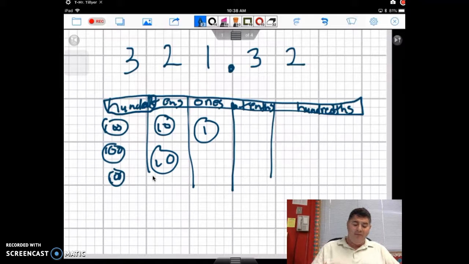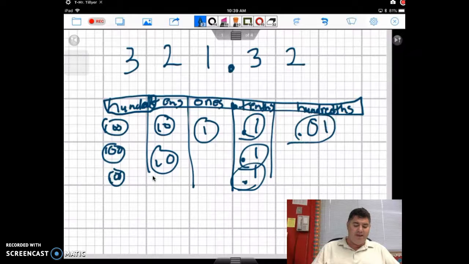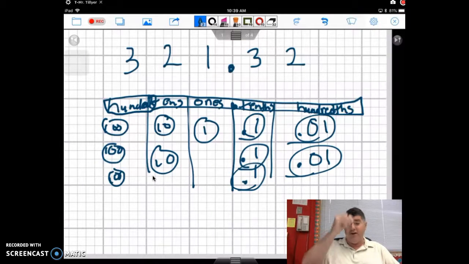Now, how many tenths do we have? We have 3 tenths, 0.1, 0.1, 0.1. And then how many hundredths? 0.01, there's 1 hundredth. 0.01, there's 2 hundredths. So you see there we have 321 and 32 hundredths.